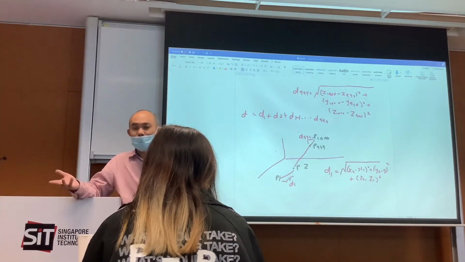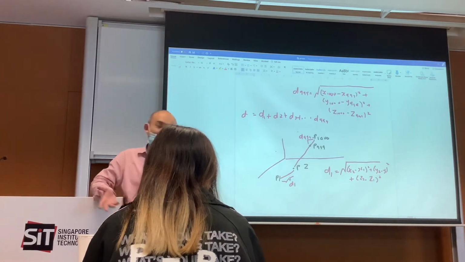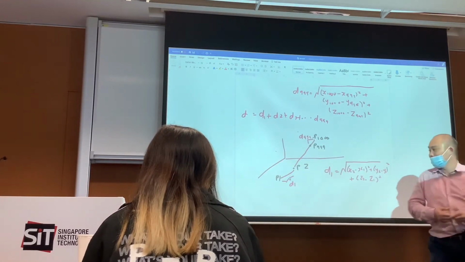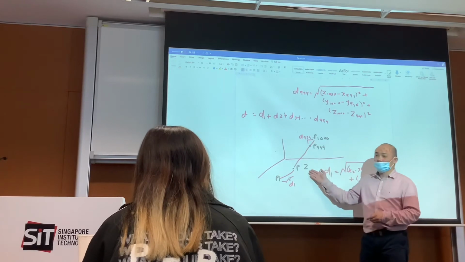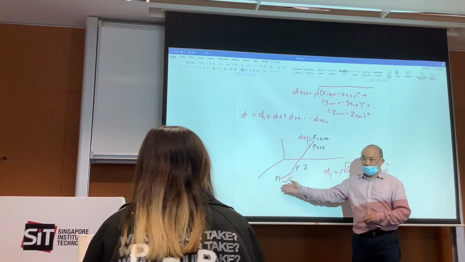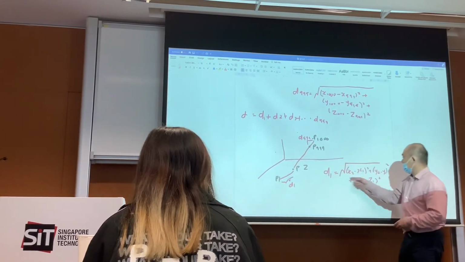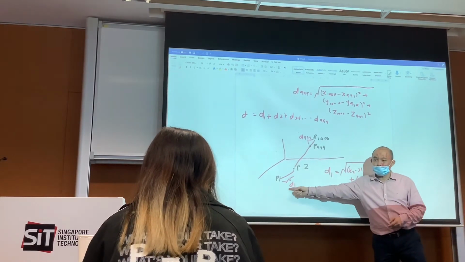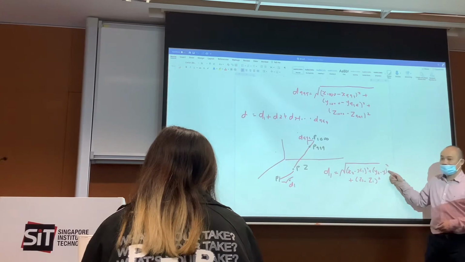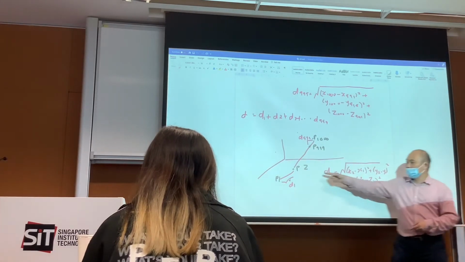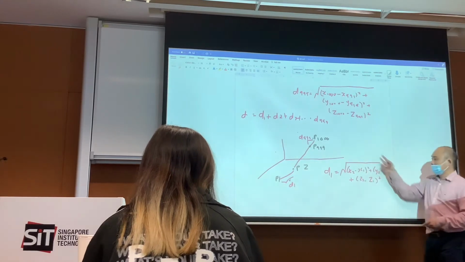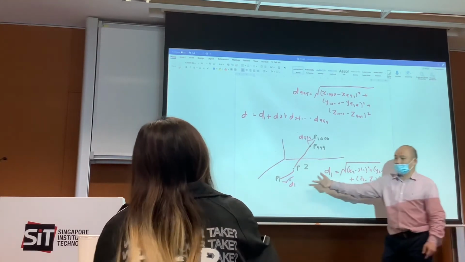If 2D it will be just Pythagoras theorem. If 3D, what we need to do is point 2 x minus point 1 x, then square, plus point 2 y minus point 1 y, then square, plus point 2 z minus point 1 z, then square. Then square root, that will give you the distance by Pythagoras theorem.